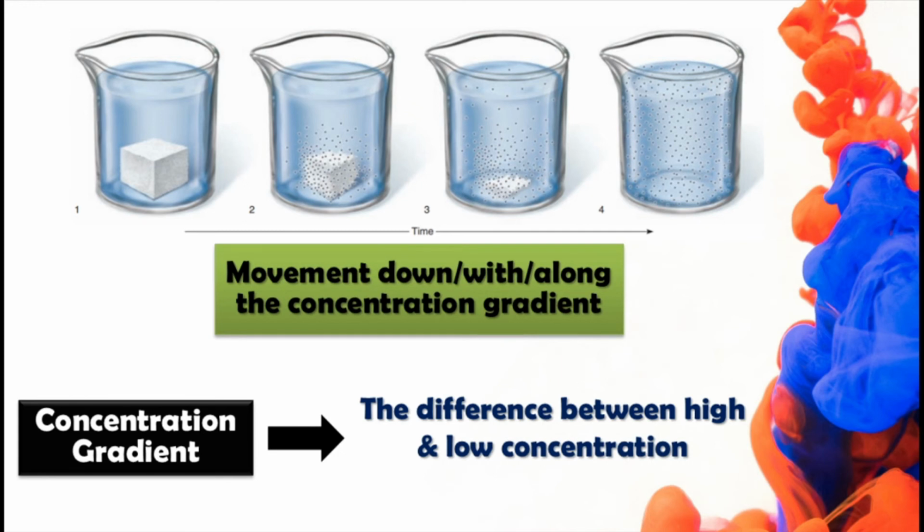When I say the sugar cube moves down the concentration gradient, it is the same thing as saying it moves from higher to lower concentration. Even if I say the sugar cube molecules move with or along the concentration gradient, all in all, they mean the same thing. They move from high to low concentration. So that is the basic principle of your diffusion.